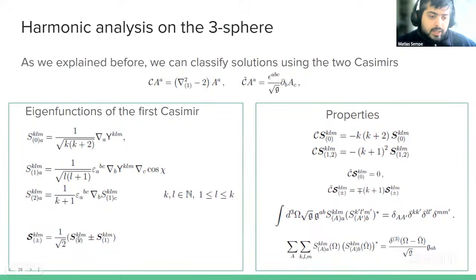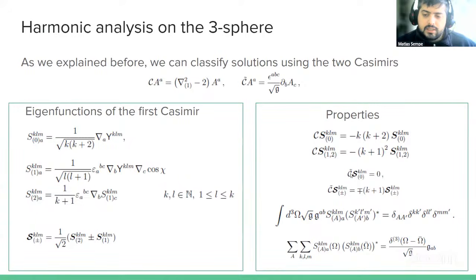And we can combine S2 and S1 to have S plus minus. S plus minus are solutions to the C tilde here. Sorry, C tilde squared is minus C. I forgot a minus before.